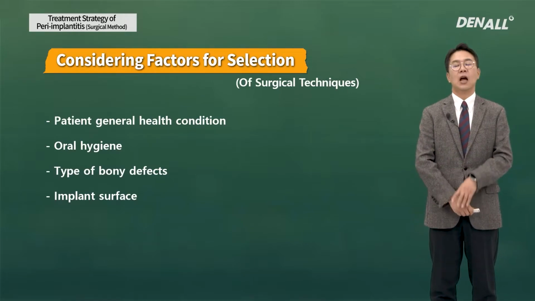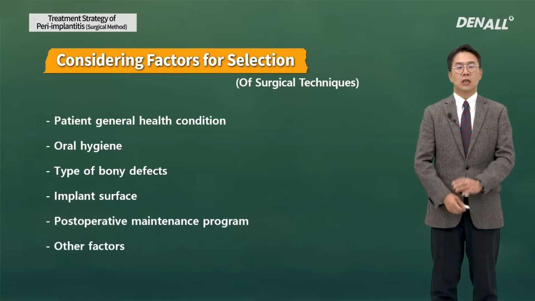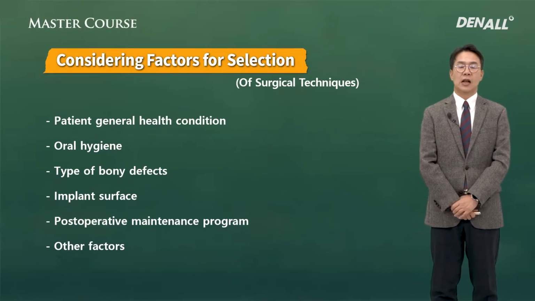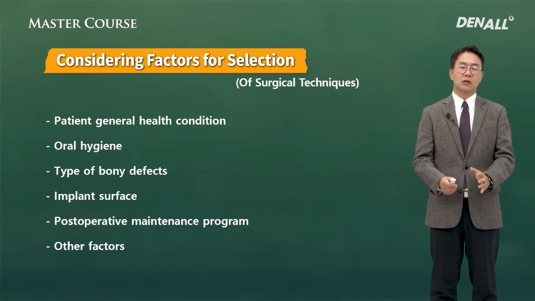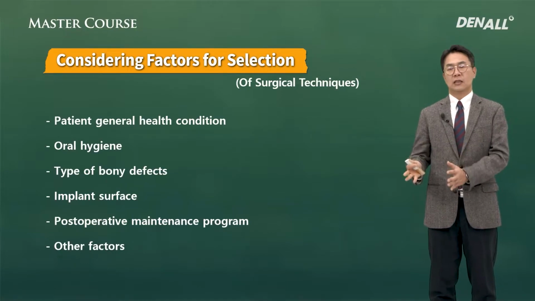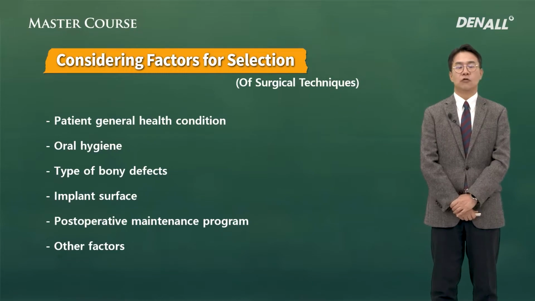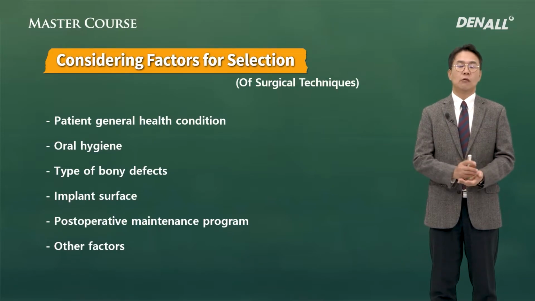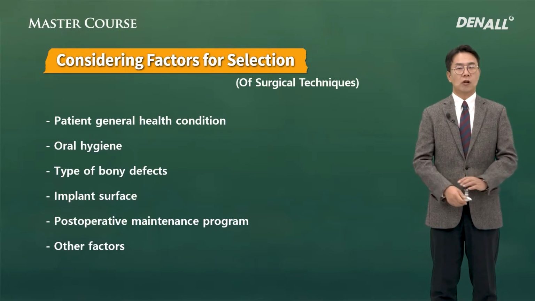Various factors need to be taken into account. The most important thing is to consider whether the patient is going to be able to maintain oral hygiene and follow instructions. Even if you have done a great job, if the patient cannot maintain it properly, it may have been all for nothing if it is not maintained well.